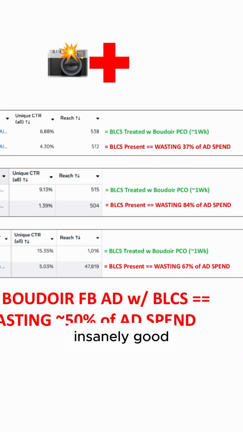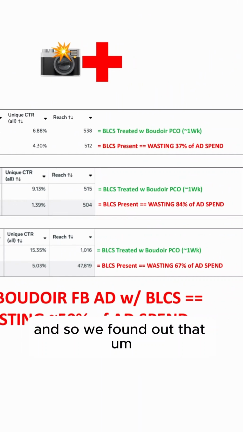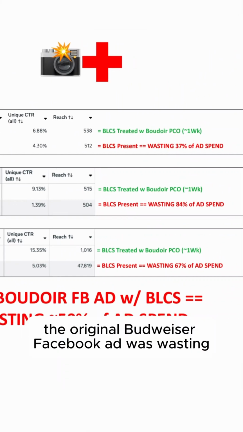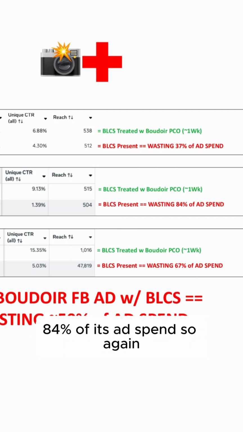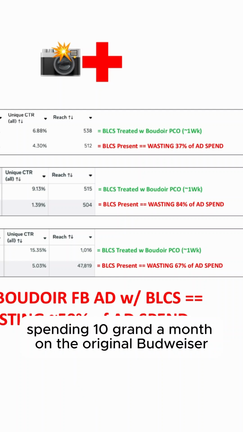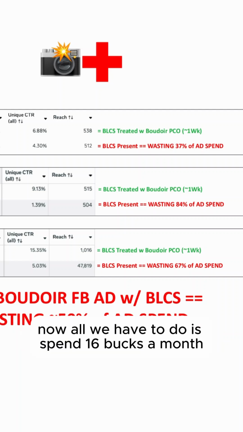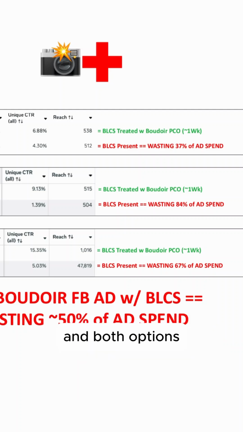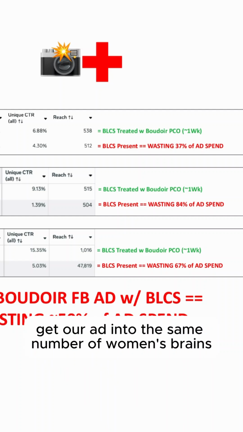Insanely good. And so we found out that the original Boudoir Facebook ad was wasting 84% of its ad spend. So again, if you're spending 10 grand a month on the original Boudoir Facebook ad, now all we have to do is spend 1,600 bucks a month on the Boudoir Pico treated ad, and both options get our ad into the same number of women's brains.